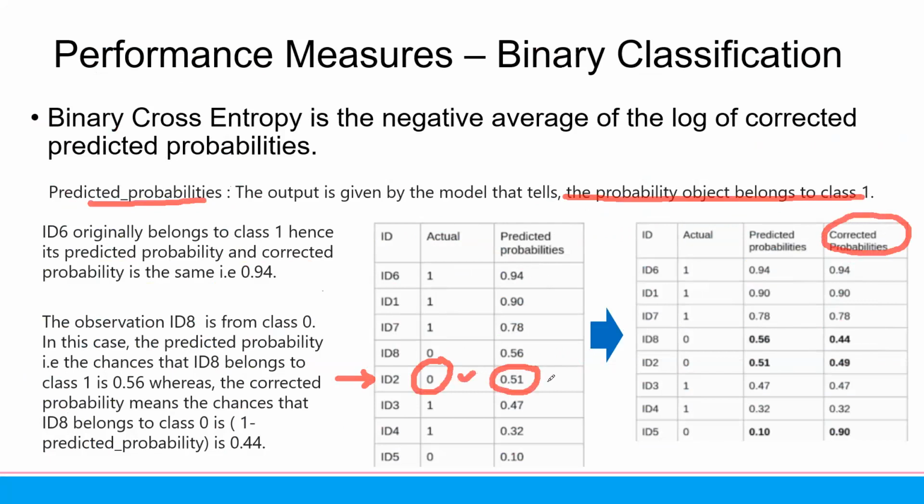So this will be corrected by 1 minus 0.51, and the result will be 0.49, and this number goes in the corrected probability column. So if it is 0, we need to put in the corrected probabilities.